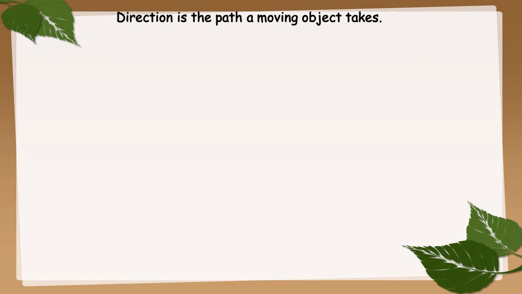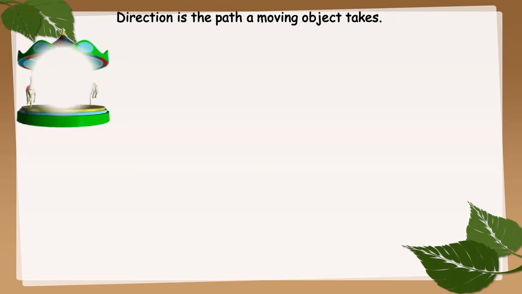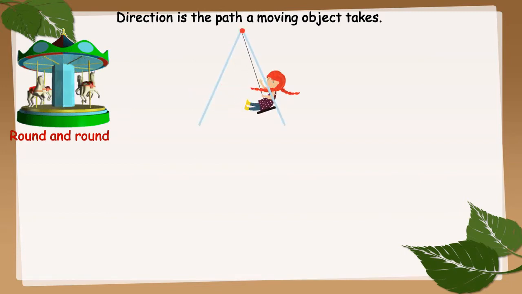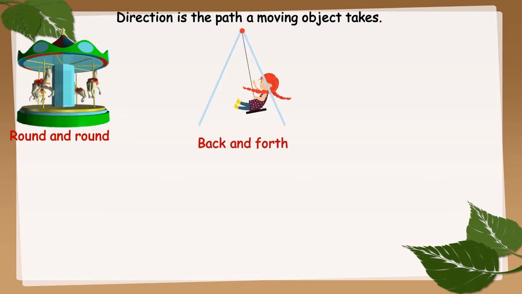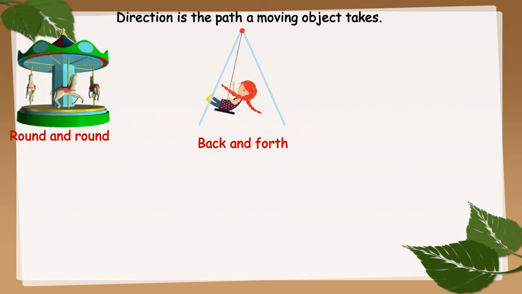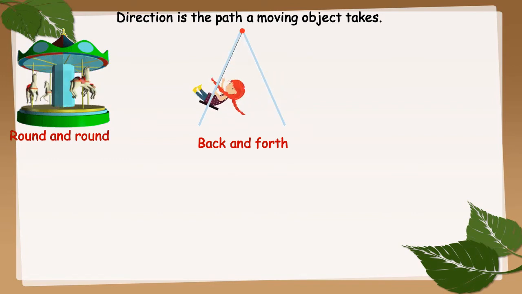We can observe objects moving almost all the time. Some objects move in a round and round direction, just like the merry-go-rounds in amusement parks. Some other things move in a back and forth direction, just like the way we move on a swing.